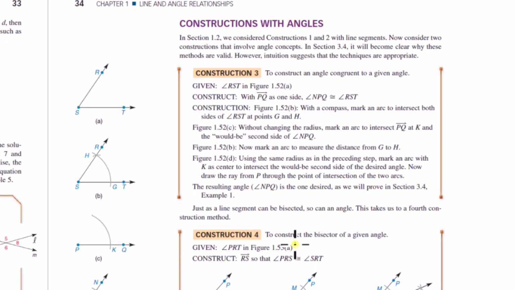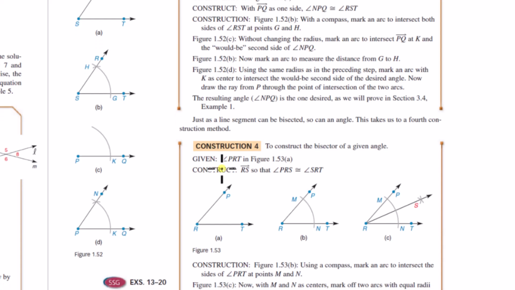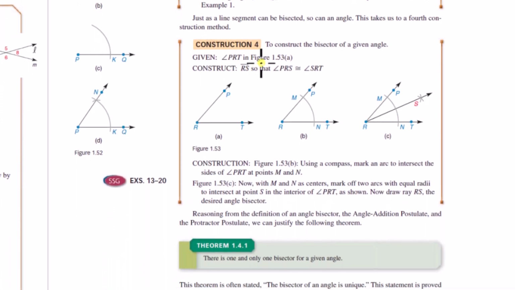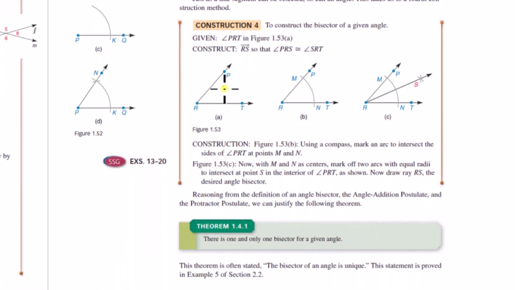And then these two arcs mapped out the midpoint. Okay, so to construct a bisector of an angle, given angle PRT in figure 1.53a, construct ray RS so that angle PRS is congruent to angle SRT. In figure 1.53b, using a compass, mark an arc to intersect the sides of angle PRT at points M and N. This is just arbitrary, just pick a radius.